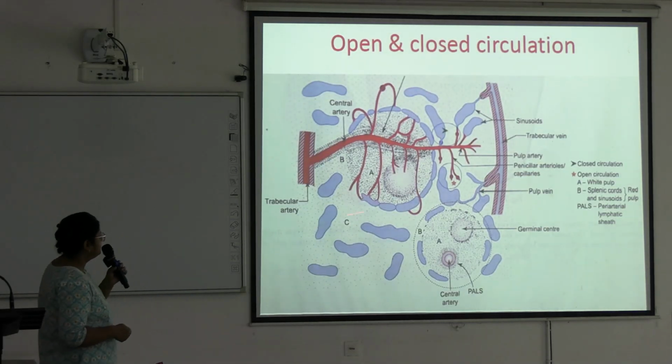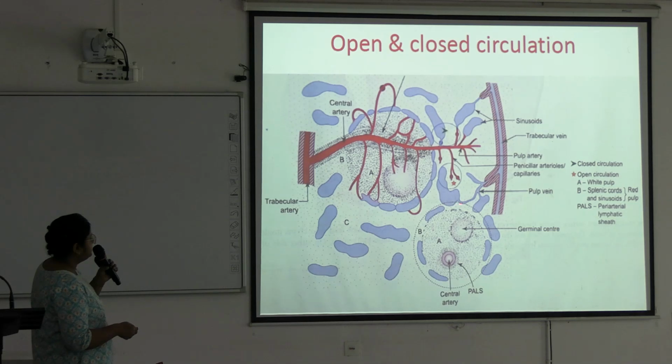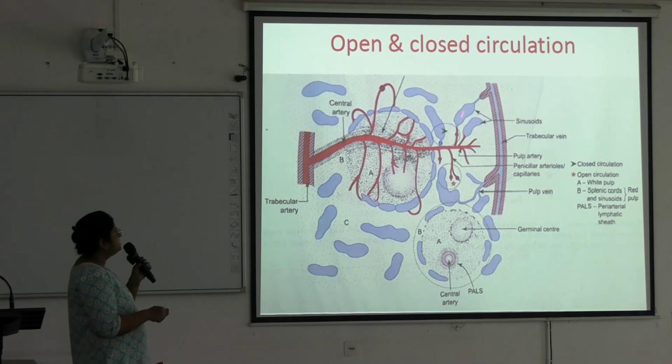So here you can see the trabecular artery, central arteriole, periarteriolar lymphatic sheath, marginal sinus, penicillar branches. Some of the penicillar branches are directly draining into the sinusoids, forming closed circulation, and these are opening into the red pulp.